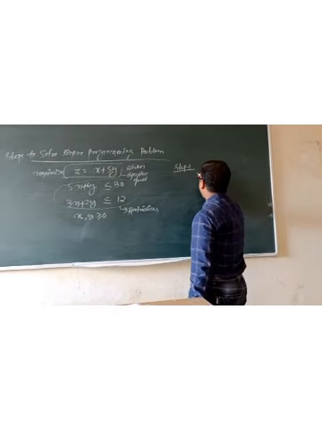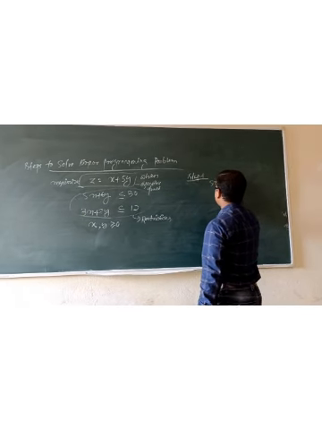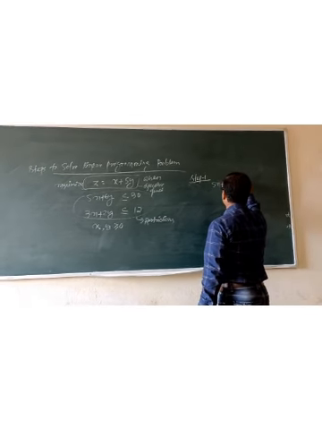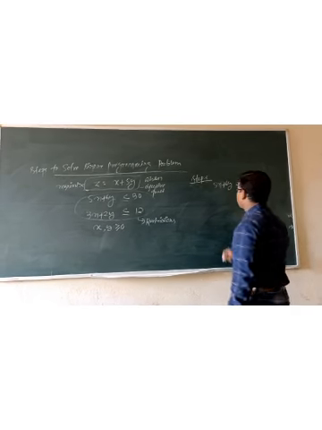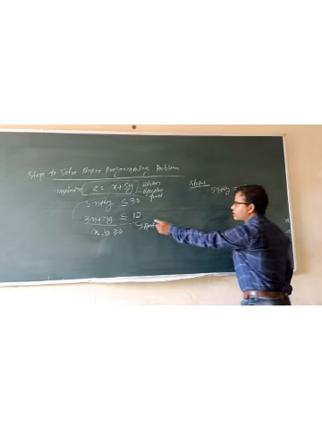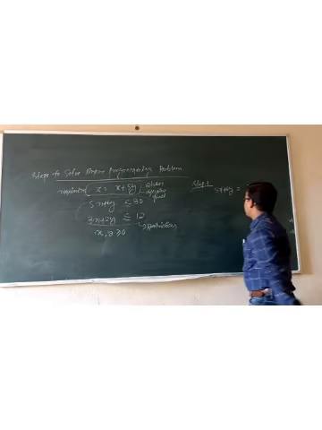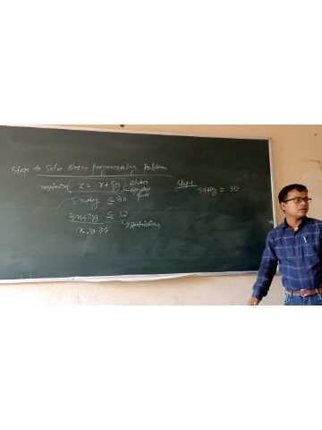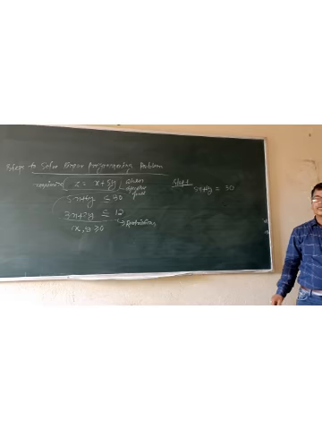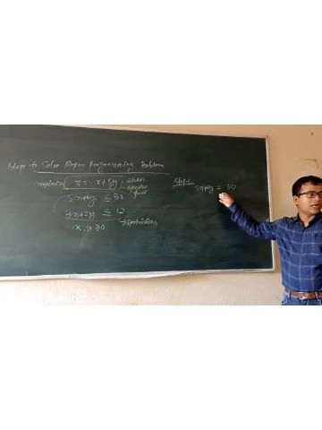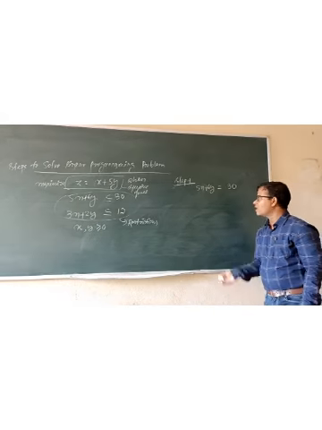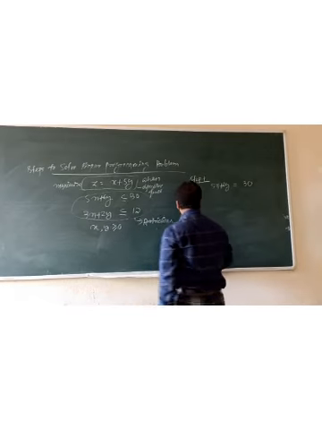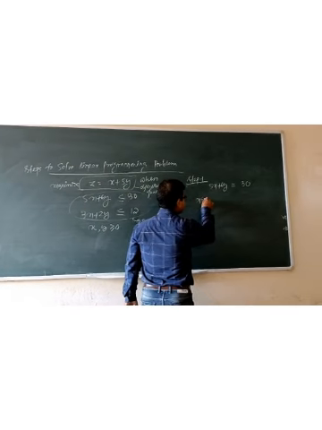That is 5x plus 6y equals 30. So from the question, the inequality is less than or equal to 30, and in the first step the inequality is converted into an equation. Then put the value x equals 0.